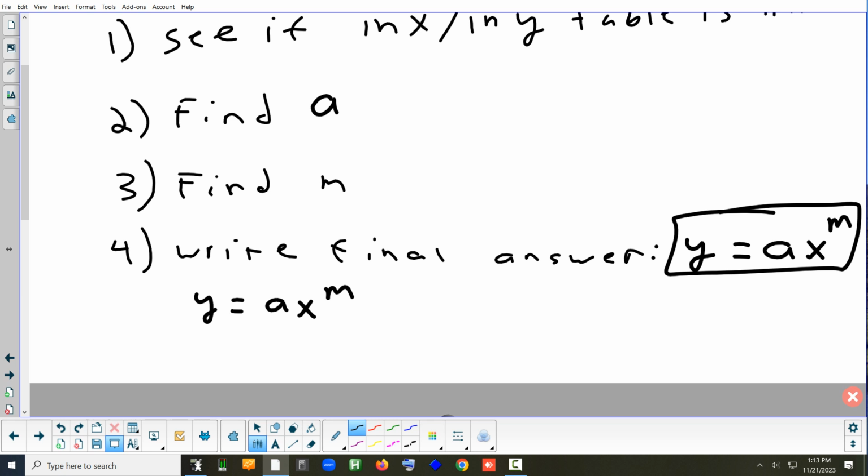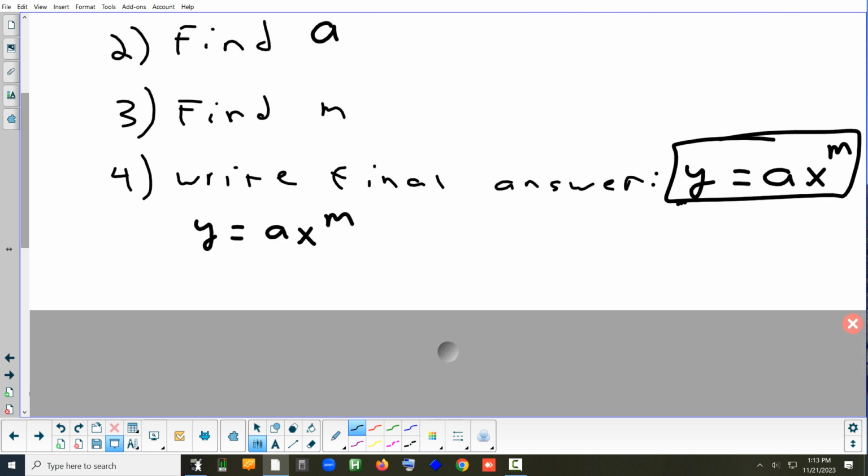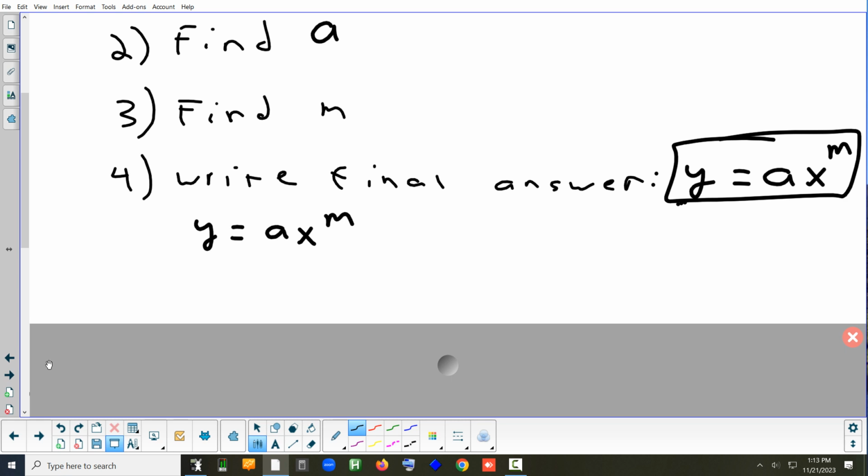It's basically another version of this. Let's take the ln of each side of that equation. So you'd have ln y equals ln of ax to the m. I took the natural log of each side.